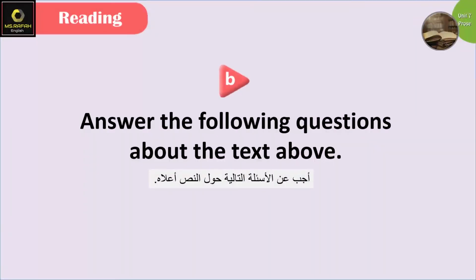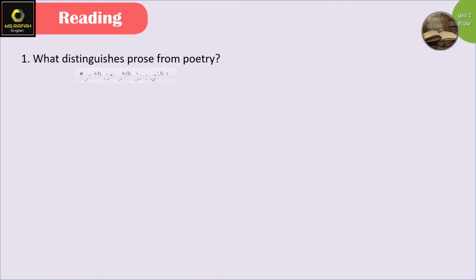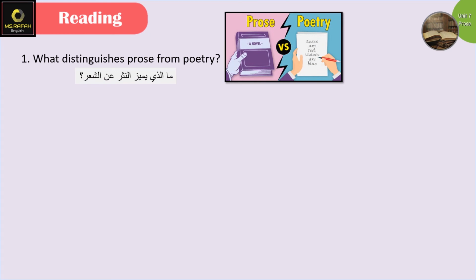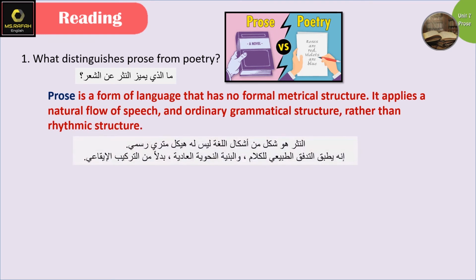Now let's see question B. Answer the following questions about the text above. What distinguishes prose from poetry? Prose is a form of language that has no formal metrical structure.